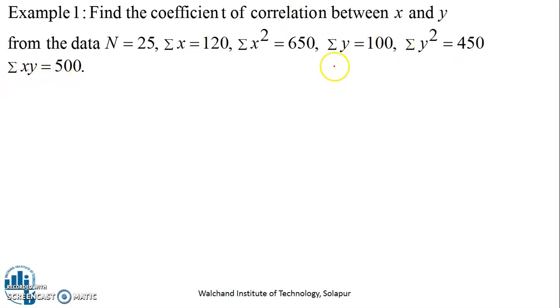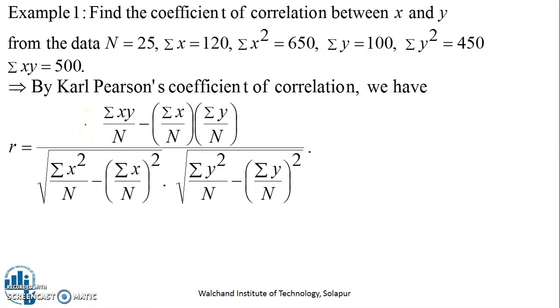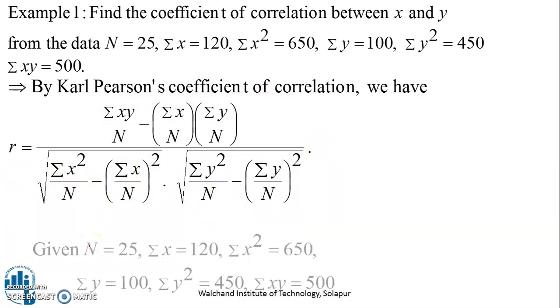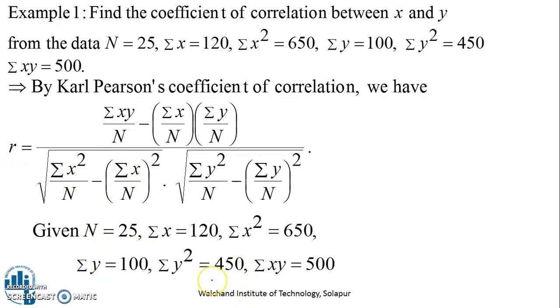Here directly the values are given. Now to calculate r, we have to substitute these values in the formula of coefficient of correlation r by Karl Pearson method. So this is our formula. In this we have to substitute the given data directly.